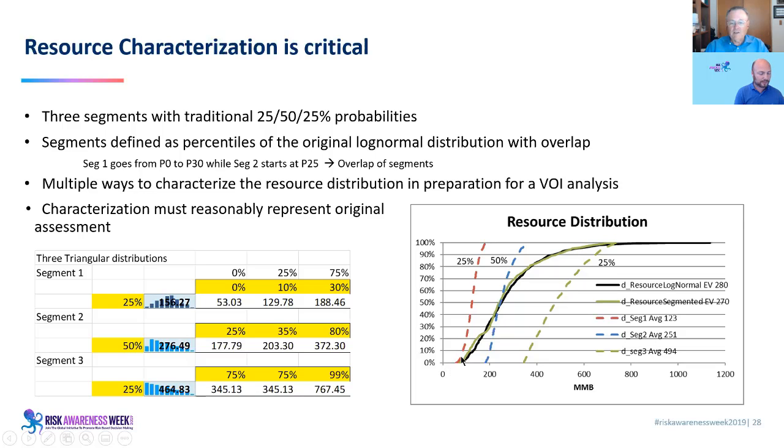But you can see that if I think I'm on segment 1, then I'm actually going to be on this red line, or the blue line, or the green line in segment 3. So adding these up probabilistically gives you this solid green line. And there are multiple ways to characterize this.